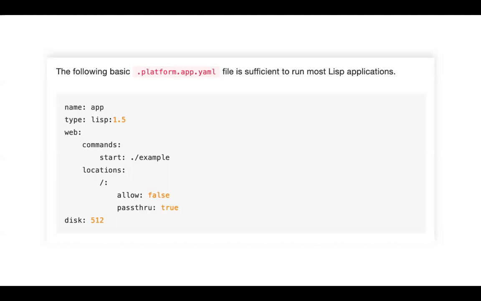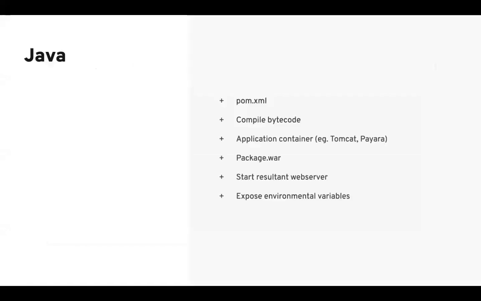And then some locations, which are web server paths. So the root path then passes through to the example binary, and that's it. Also some persistent disk space, which you may or may not use, for example, for uploaded files. And that is all it takes to run Lisp on Platform.sh.